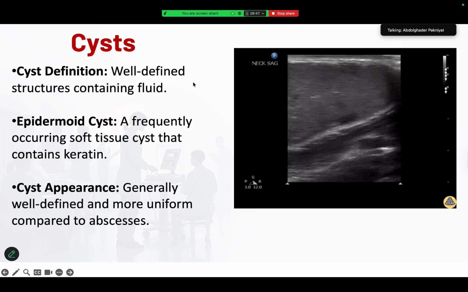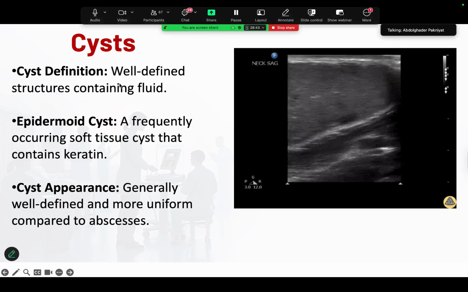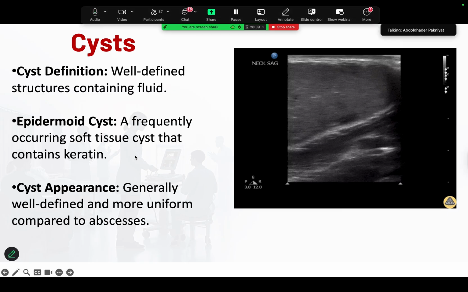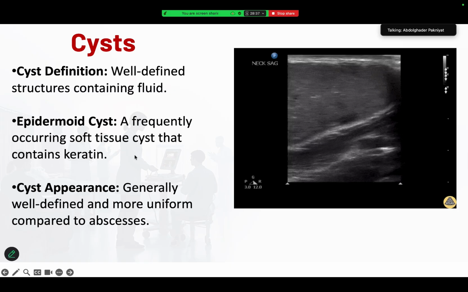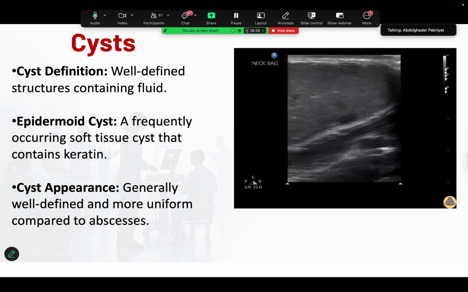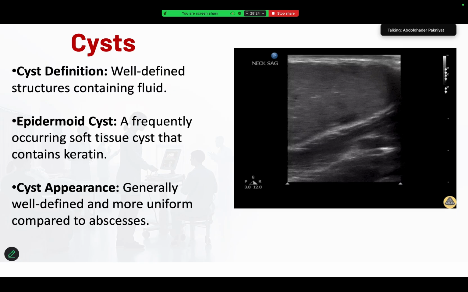Another mimicker is a cyst. A cyst is usually a well-defined structure containing fluid. The most common of them is the epidermoid cyst. How can we differentiate a cyst from an abscess? Usually cysts are well defined and more uniform compared to an abscess. If you push the cyst with the ultrasound probe, it is movable, but abscesses are not movable.